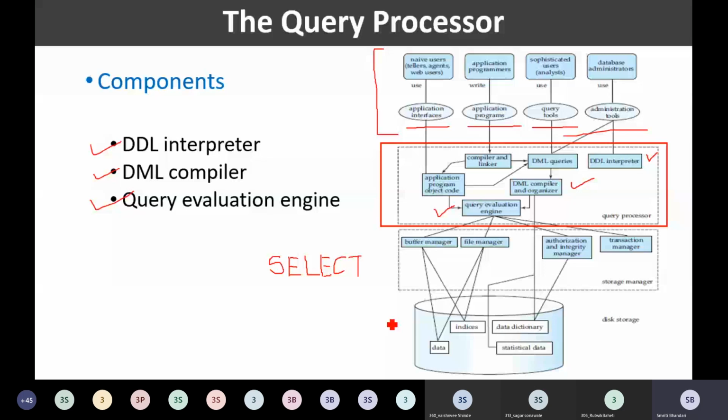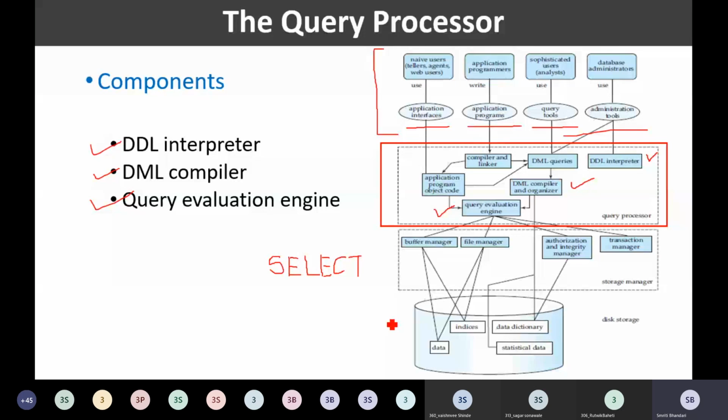That is the first part of executing the query. But I have one more condition: I want only those computer science instructors who have a salary greater than 60,000. So the next step is, out of those 25, I impose another condition and check whether the salary is greater than 60,000. This is one plan of execution.